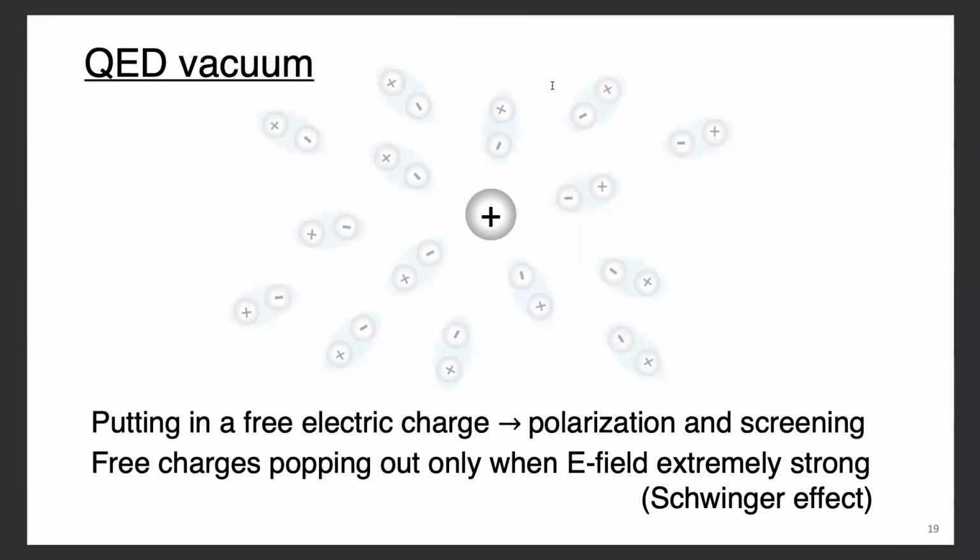It's going to impact how these virtual charges distribute, but the force is not strong enough to pull them out. So you create a polarization and screening effect. Free charges will pop up when your field is extremely strong, right? From the Schwinger effect, when the electric field becomes extremely strong, you start to pull these pairs out of the vacuum. But we are really far from that limit.